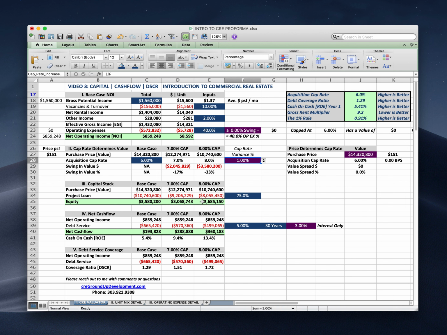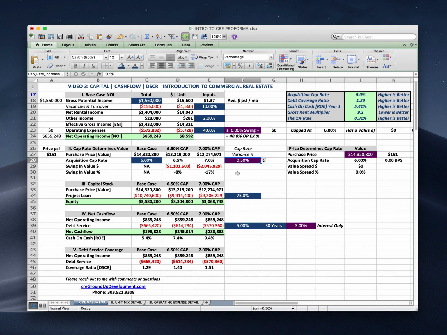But you can also see that we're decreasing the loan, because we're decreasing the purchase price. And we are also decreasing the debt service that goes against that. And we are also increasing the debt service coverage ratio.